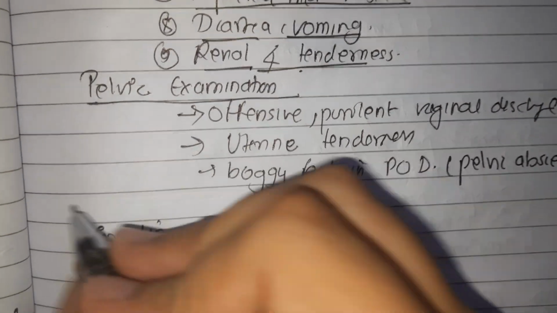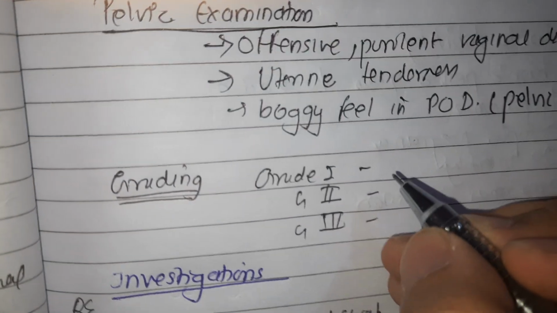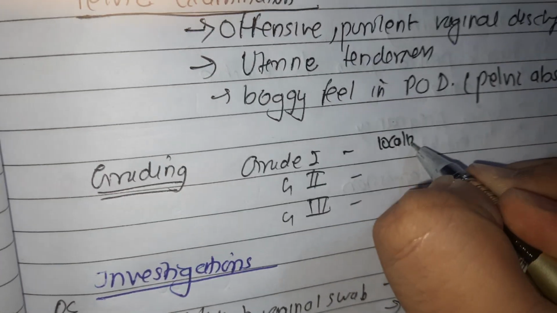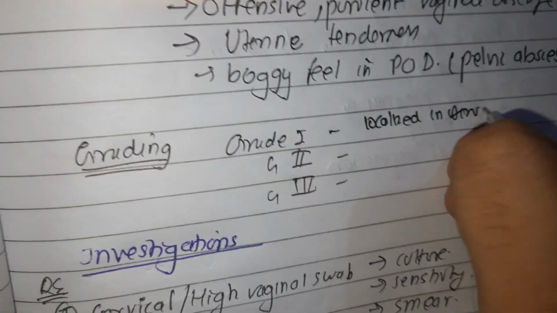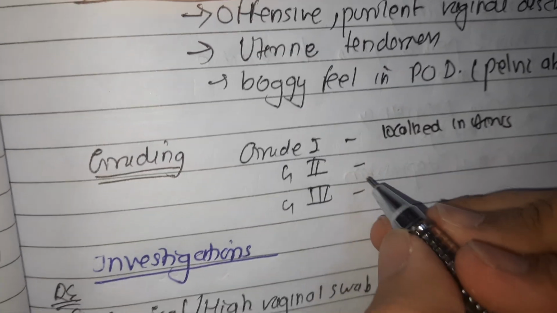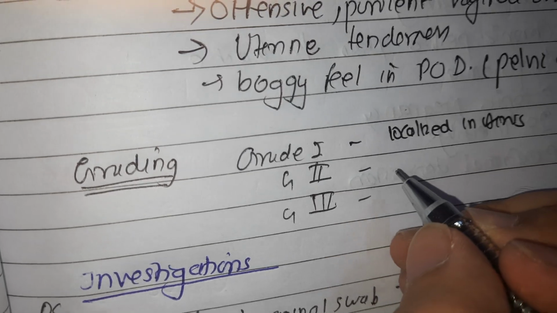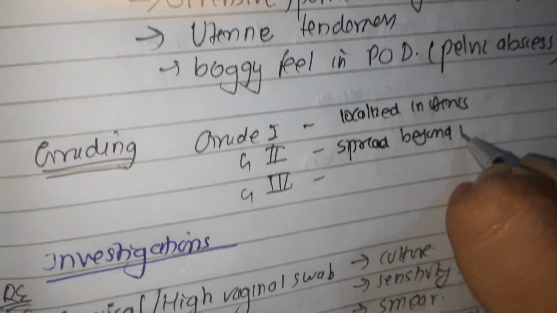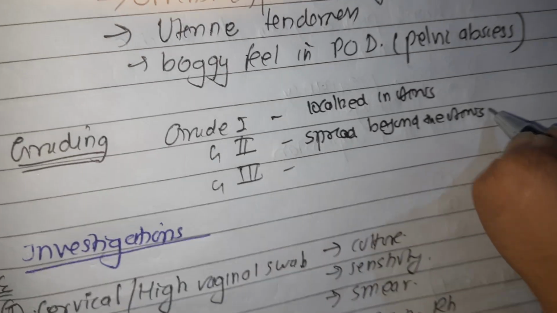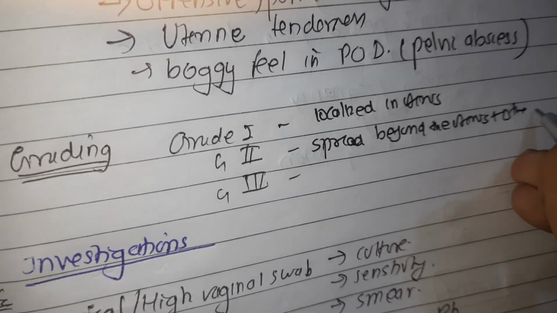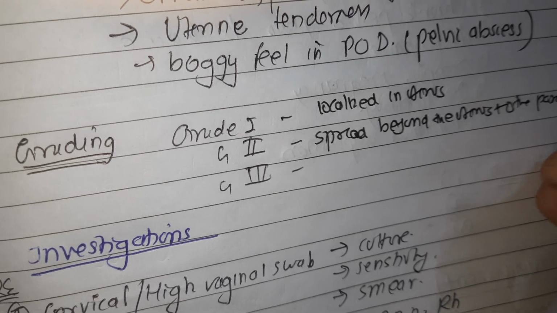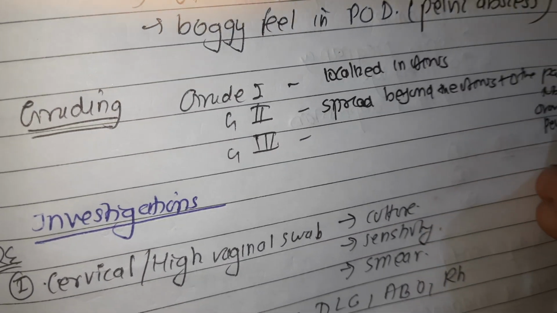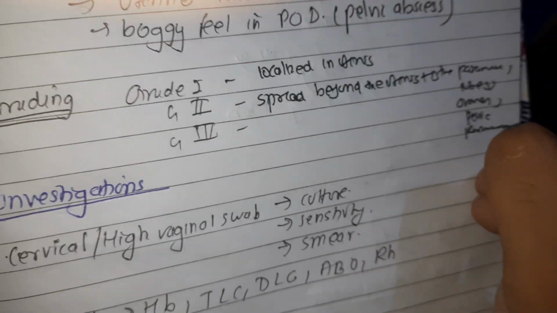Talking about the clinical grading of septic abortion, in grade 1 the infection is localized in the uterus. This grading is important in the management part. In grade 2, the infection spreads beyond the uterus to the parametrium, tubes, ovaries, or pelvic peritoneum.